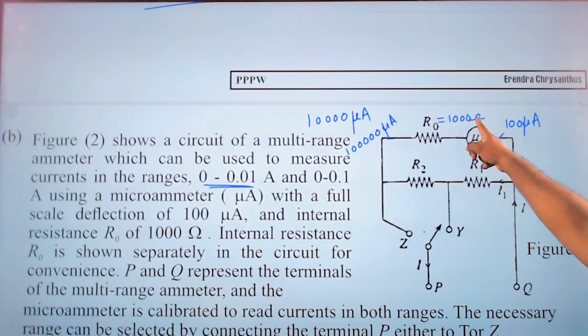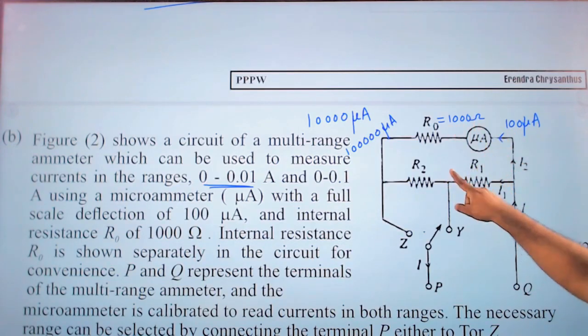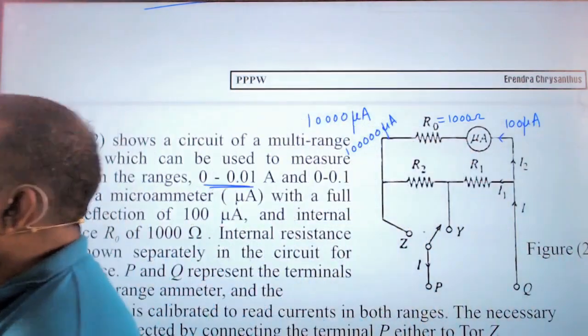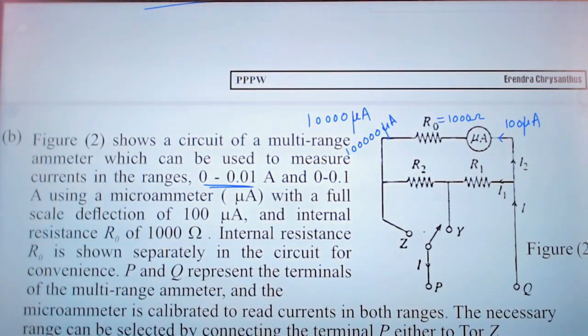So here these two multiplied, there will be a voltage. These two multiplied, there will be a voltage. Right. So what terminal will you select?